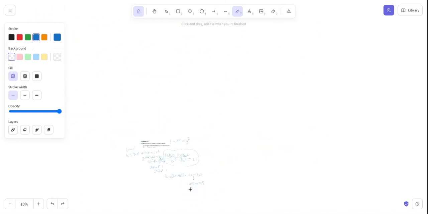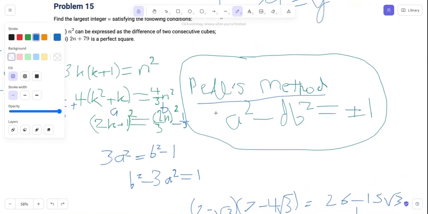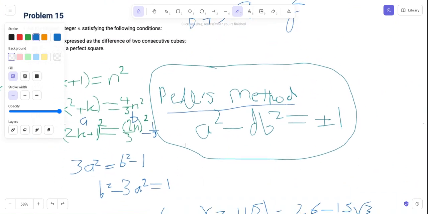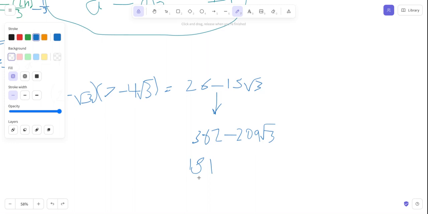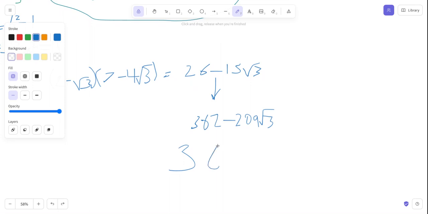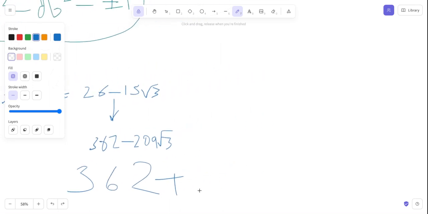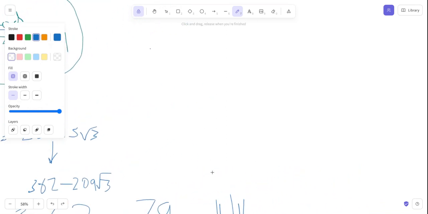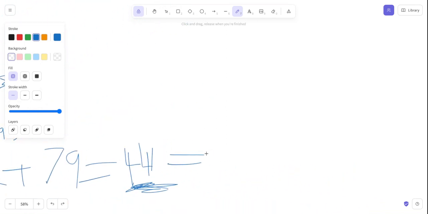B is 2n, sorry. This is b, I didn't have to divide it. 362 plus 79 equals 441, which is a perfect square. And that would give us n equals 181, which satisfies both conditions.